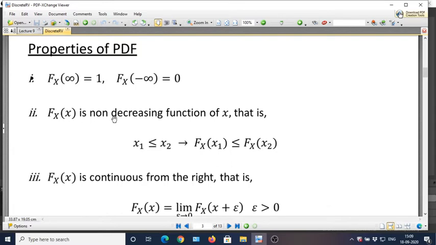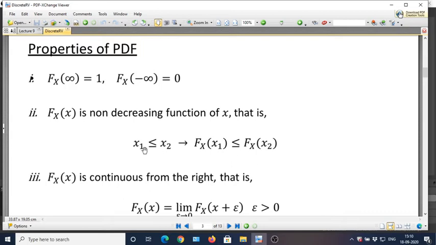Fx of x is a non-decreasing function of x. What it means is, for two values x1 and x2, such that x1 is less than or equal to x2, then Fx of x1 has to be less than or equal to Fx of x2. We will elaborate this point soon, but it can be seen that this corresponds to the interval minus infinity to x1, whereas this corresponds to the interval minus infinity to x2.